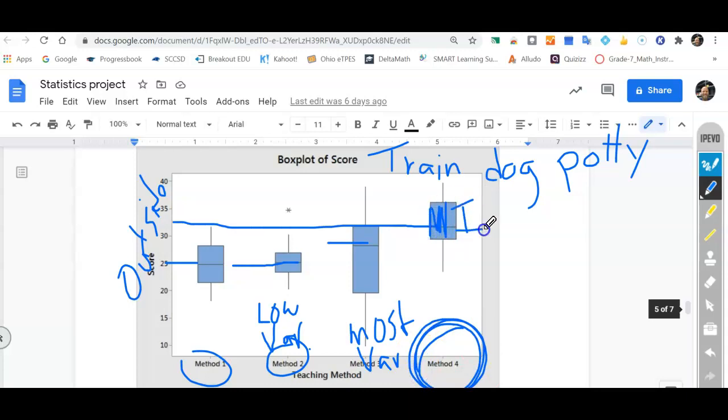This IQR is also getting more results, right? We're getting the results we desire. Now, is it the most consistent? No, but that might not be what we're looking for here. Whereas consistency is good, I still want to get my dog to use the restroom outside. So I'm getting more of the results I want here.